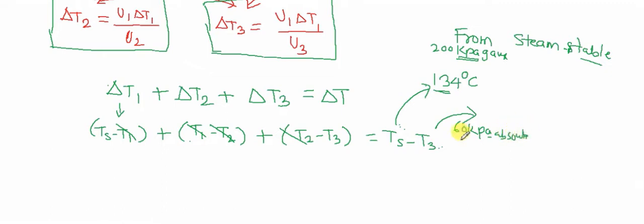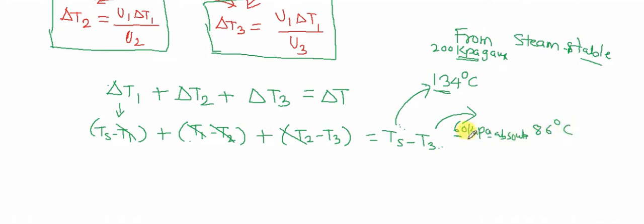For this 60 kilopascal, the temperature in the last effect evaporator is, I think, 86 degrees Celsius. You can check that value from the steam table. Yes, it is 86 degrees Celsius.